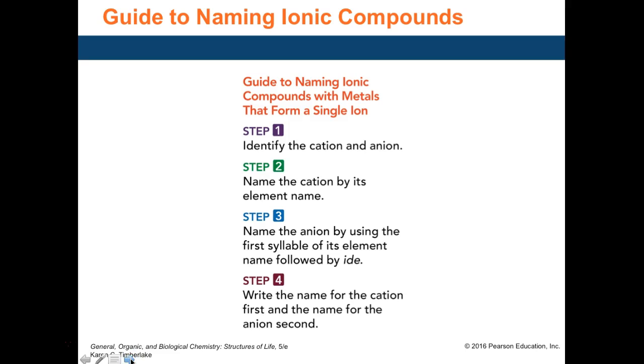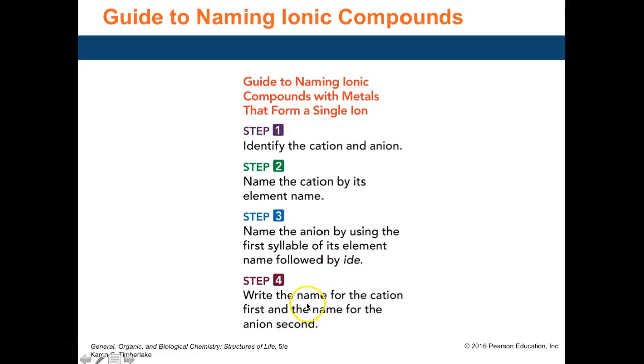So what are the steps for naming compounds? Identify what the cations and anions are. First start with the cation and then name the anion. If it is just one single anion, then you end that name with the suffix "ide."